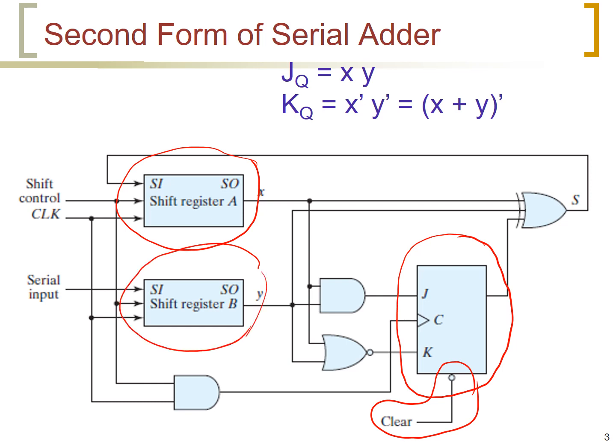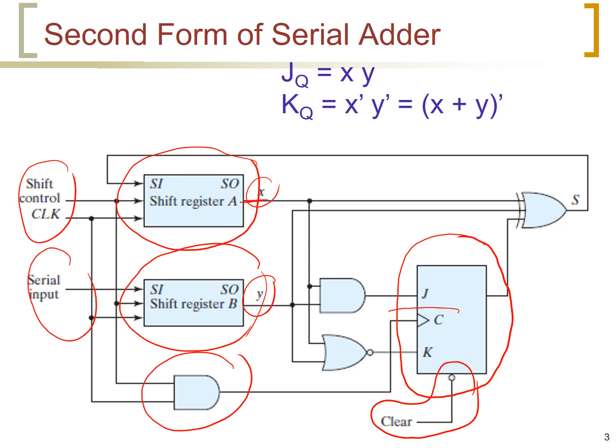So this will be X and this will be Y. And then for the shift registers, we have shift control and the clock coming to both of them, and shift control and the clock coming to the clock of the JK flip-flop. Now, the sum is generated as the exclusive OR of X and Y and the Q, as we have just derived. This is the output of the flip-flop Q here.